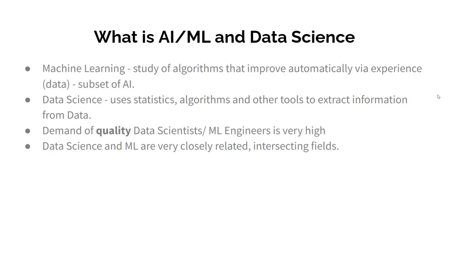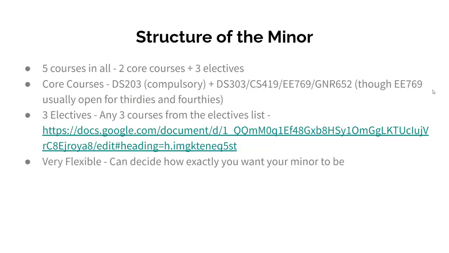Because there's a huge demand for quality data scientists and machine learning engineers, and also they get paid really well, which is of course not at all important, right? Data science and machine learning are super closely related, intersecting fields, with a lot of companies mistaking their needs and using these terms interchangeably.